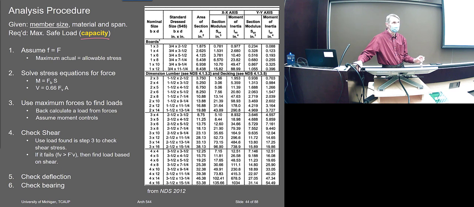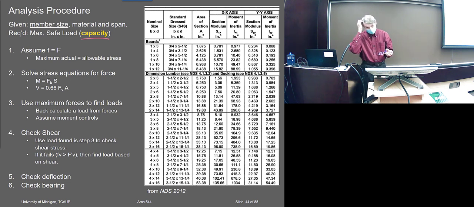Then you'd have to calculate it based on the shear strength, find the end reaction, and then the shear at D, and then calculate the load based on that. A little bit more trouble maybe.